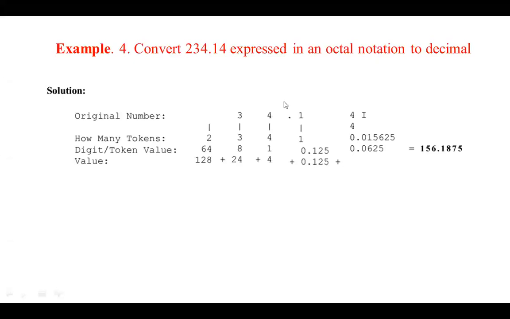So 4 into 8 to the power of minus 2 will be equal to 0.625. So 0.125 plus 0.625 will be equal to 0.1875 as the decimal solution. The integer solution, 128 plus 24 plus 4, is equal to 156. So the answer is 156.1875.